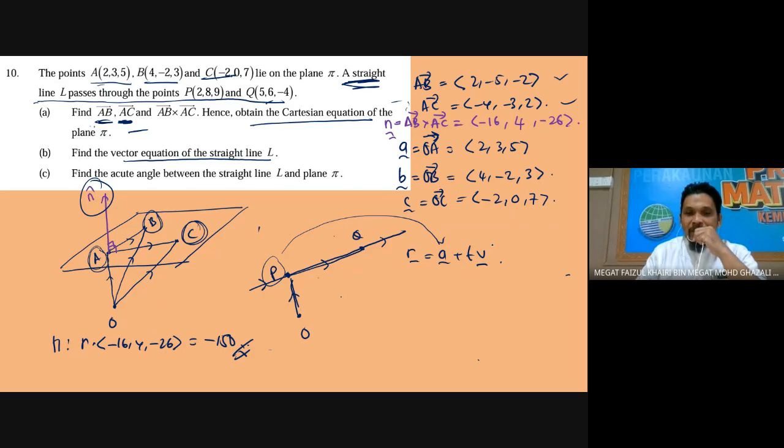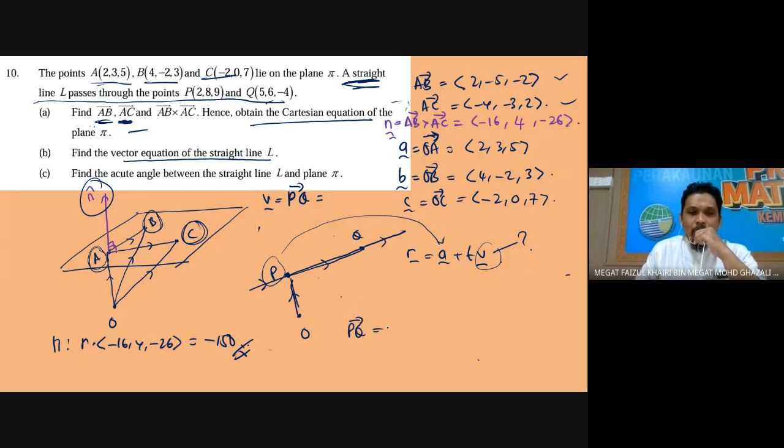And what about v? v in this case is the direction vector from P to Q, which means OQ minus OP.